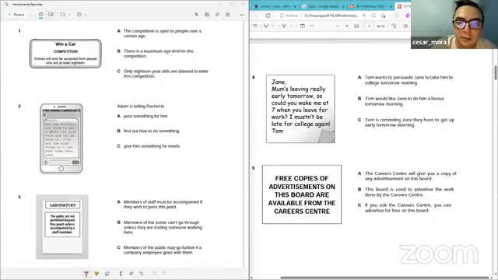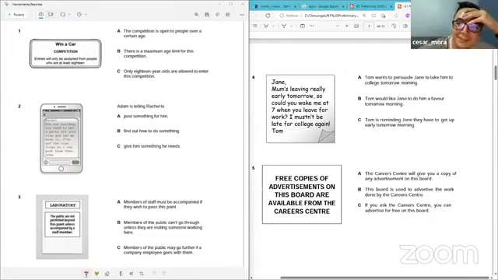Letter A. The competition is open to people over a certain age. Win a car competition and entries will only be accepted from people who are at least 18. How do you know it's letter A? Because this, what do you say, anuncio? We saw that in the previous slide.